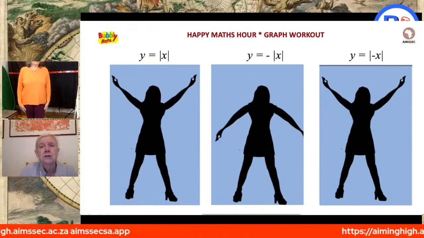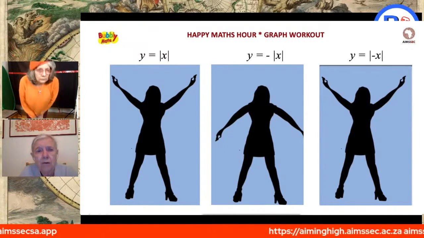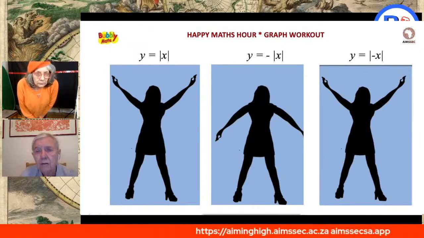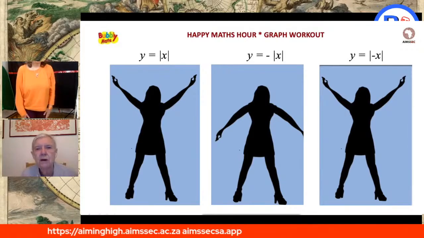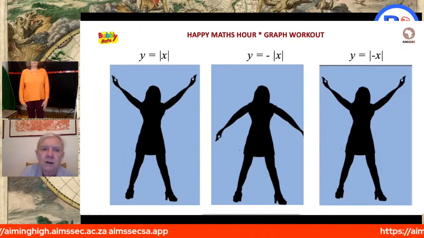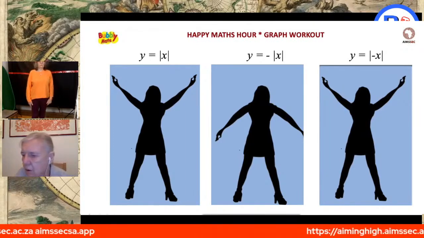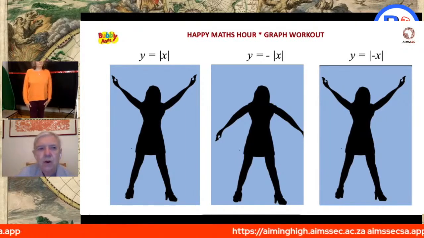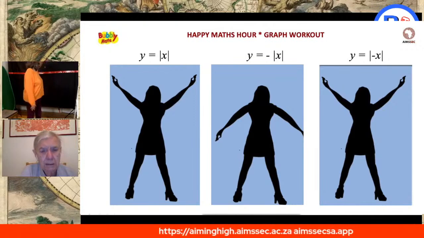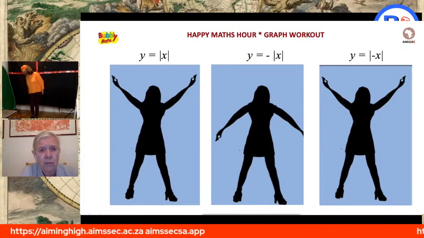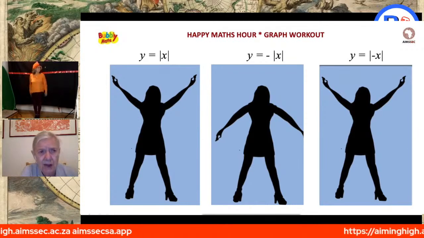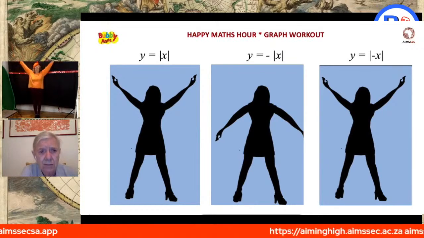Now this is a graph that a lot of people don't know about. So these two bars, these vertical bars, and brackets are just vertical bars, they mean the modulus. So as you see, the first picture, the woman there has both arms raised and they are straight.